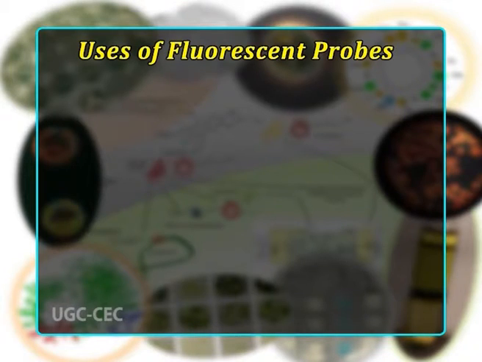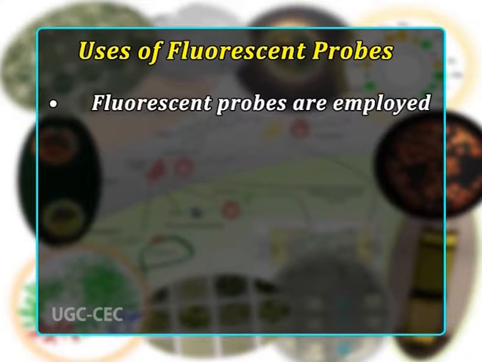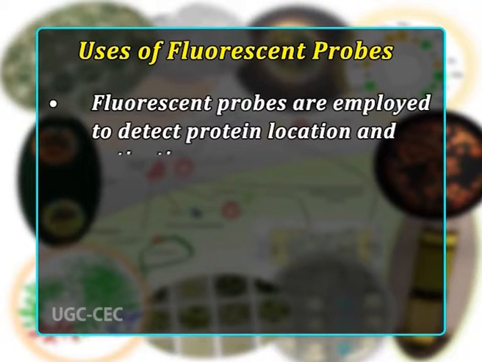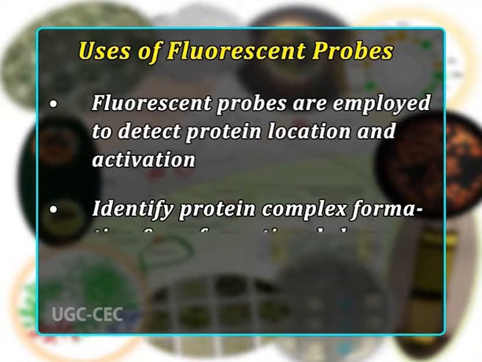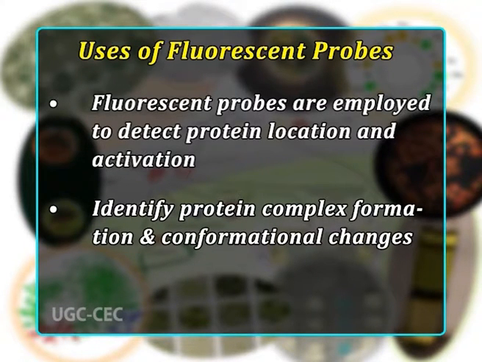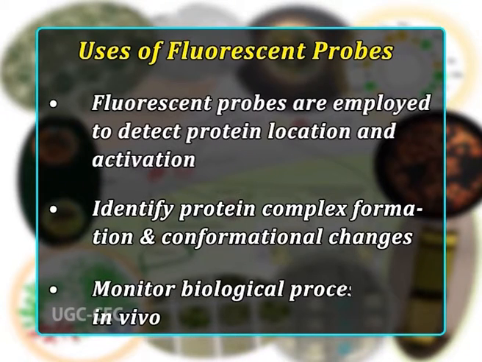Among their myriad uses, fluorescent probes are employed to detect protein location and activation, identify protein complex formation and conformation changes, and monitor biological processes in vivo. Fluorescent probes are essentially molecular stopwatches which monitor dynamic events which occur during the excited state lifetime, such as movements of the proteins or protein domains.